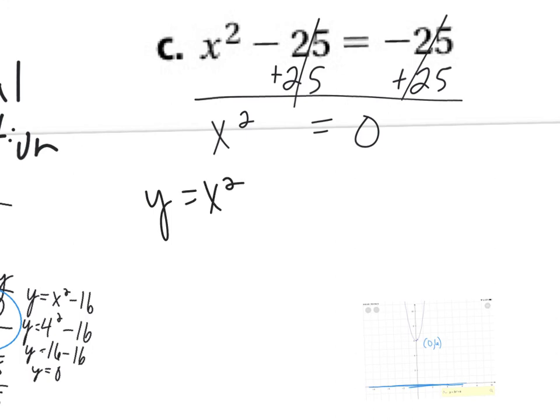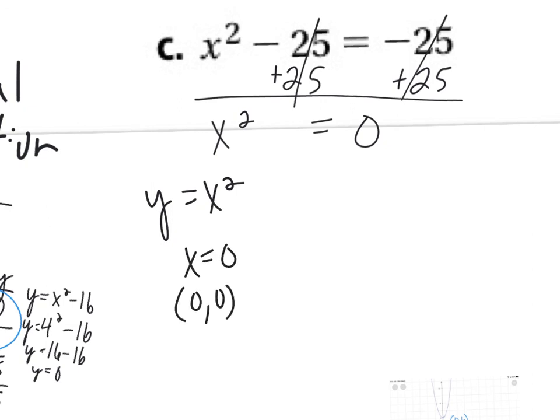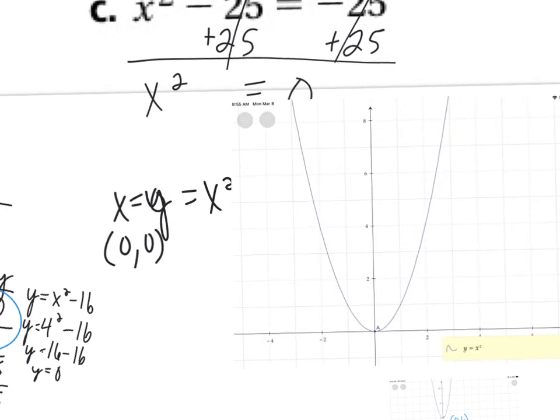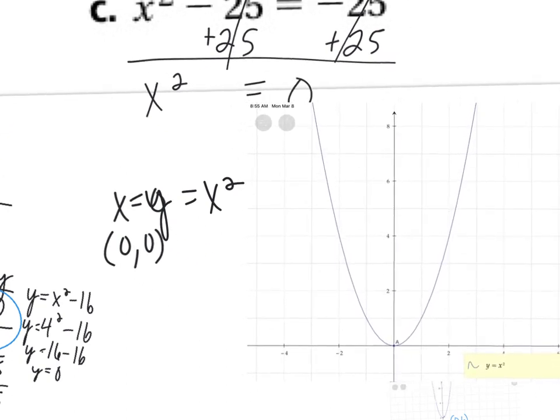From a graphing perspective, we could think of the graph y equals x squared. That's just our basic graph. We've got x equals 0 as our line of symmetry. We've got 0, 0 as our vertex. And then this is going to open up. So this graph will just be looking something like this.